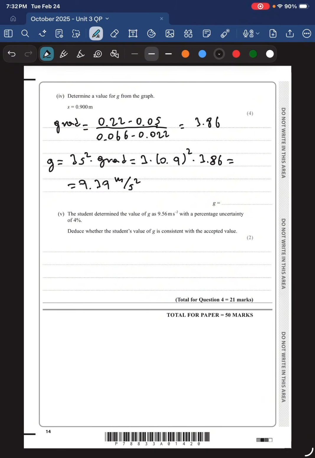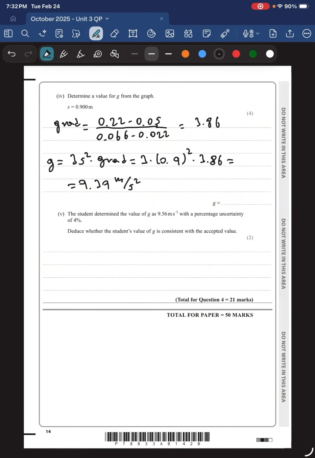Final question. The student determined the value of G as 9.56 meters per second squared with a percentage uncertainty of 4%. Deduce whether the student's value of G is consistent with the accepted value.